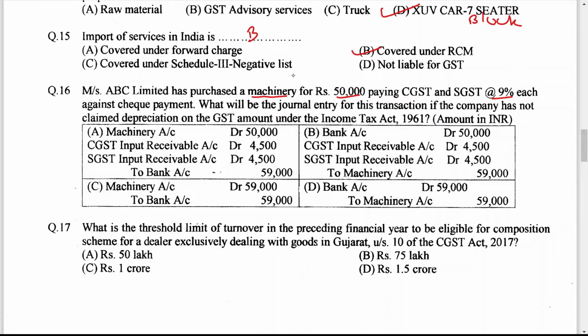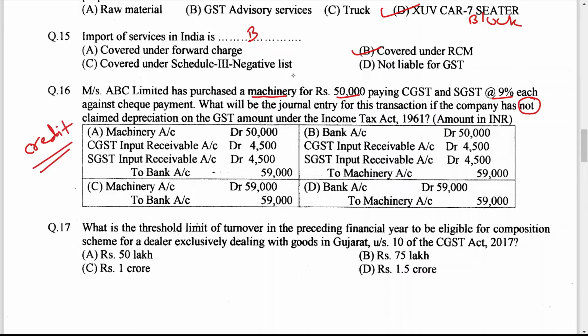What will be the journal entry for this transaction if the company has not claimed depreciation on the GST amount under the Income Tax Act 1961, amount in Indian rupees? The simple rule is that if company is not claiming depreciation on GST amount, that means what? Credit is available. Input tax credit is available.